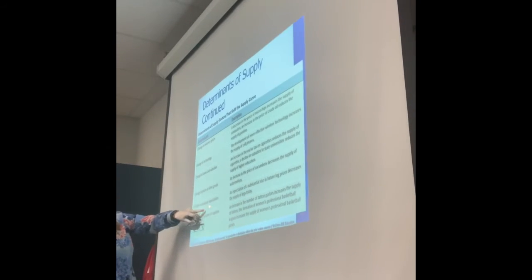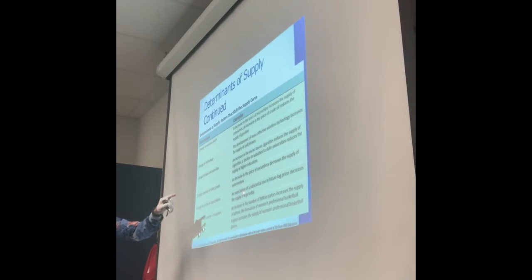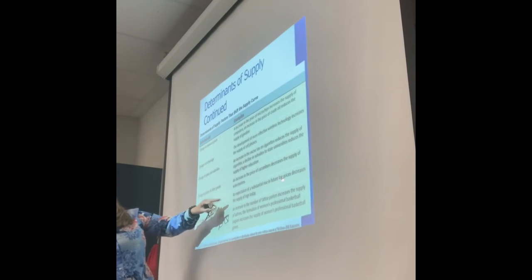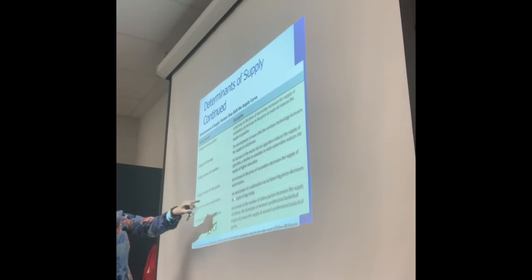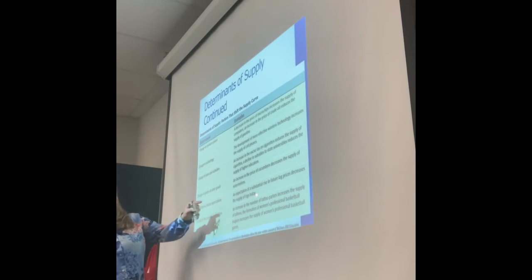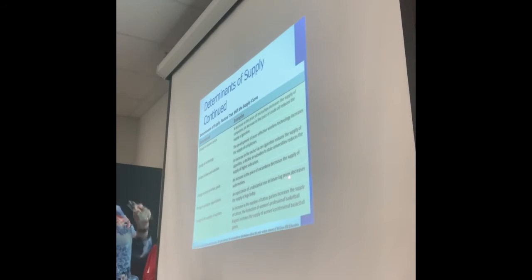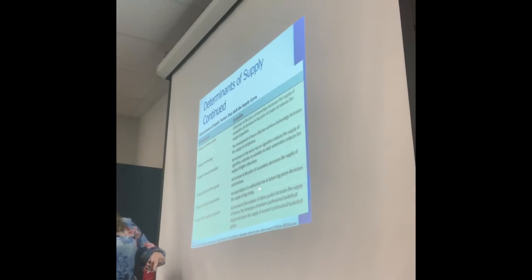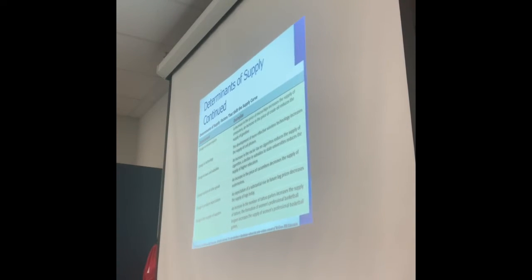Number 5. Change in producer expectations. An expectation of a substantial rise in future log prices decreases the supply of logs today. Why? Let me read that again. An expectation of a substantial rise in future log prices decreases the supply of logs today. How does that happen?